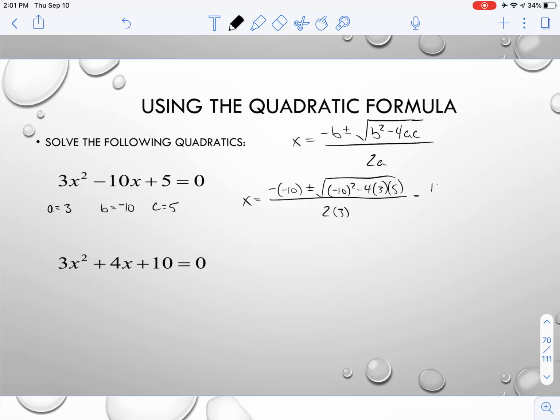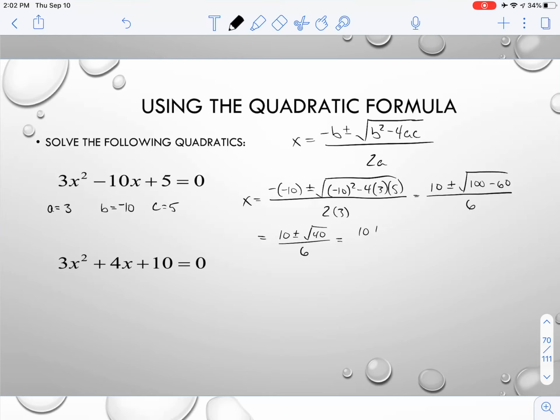So we're going to simplify. We're going to have 10 plus or minus the square root of 100 minus 60, divided by 6. So here we're going to get 10 plus or minus the square root of 40 divided by 6. When I simplify, 40 is going to break down to 4 times 10.